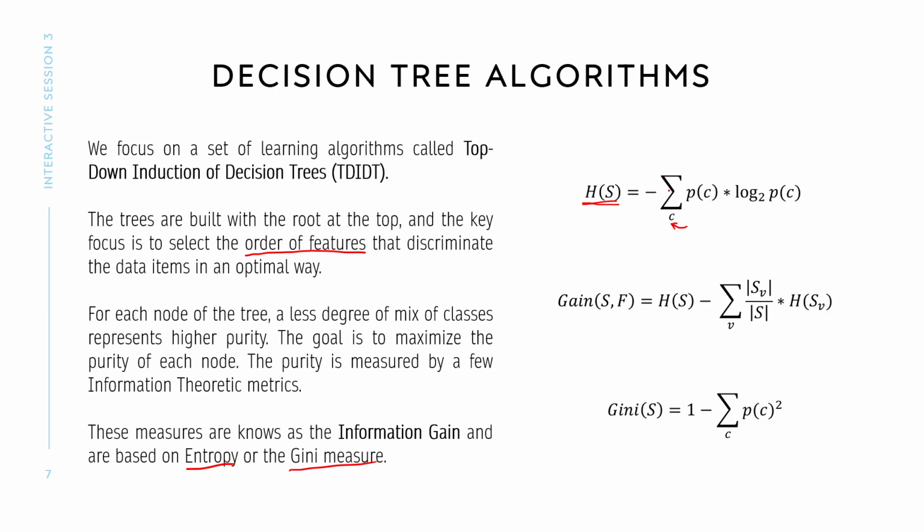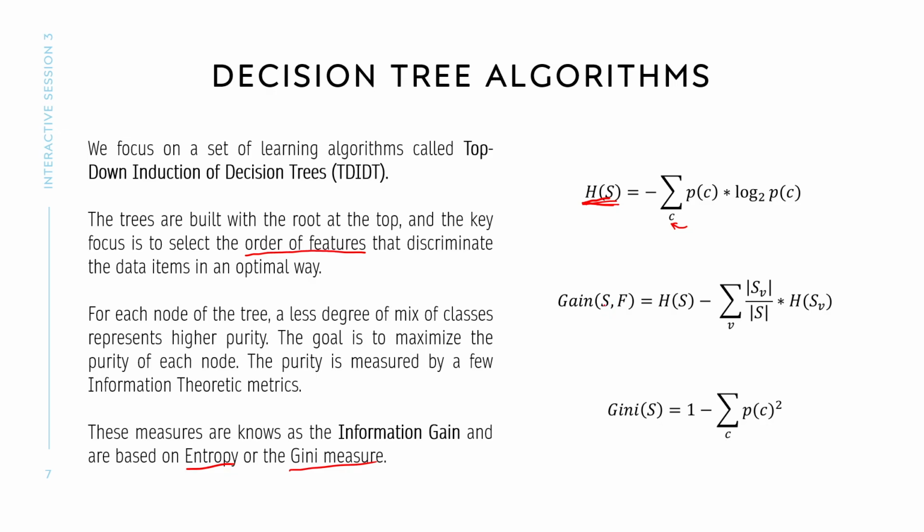This is the measure of entropy. So H is called the entropy, and it is measured like this: probability of C times log base 2 of the probability, right? And the gain of S for a feature F.